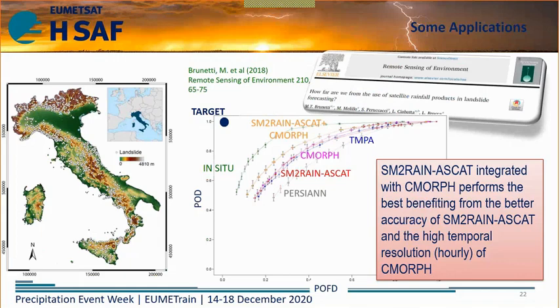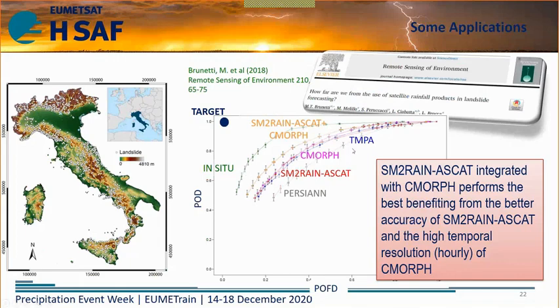Another application is related to the use of satellite rainfall data for landslide forecasting. And in this study, we carried out over Italy in 2018, we basically test different satellite rainfall products, along with, of course, in-situ observation, to test their capabilities to be used as providing useful information for landslide forecasting.